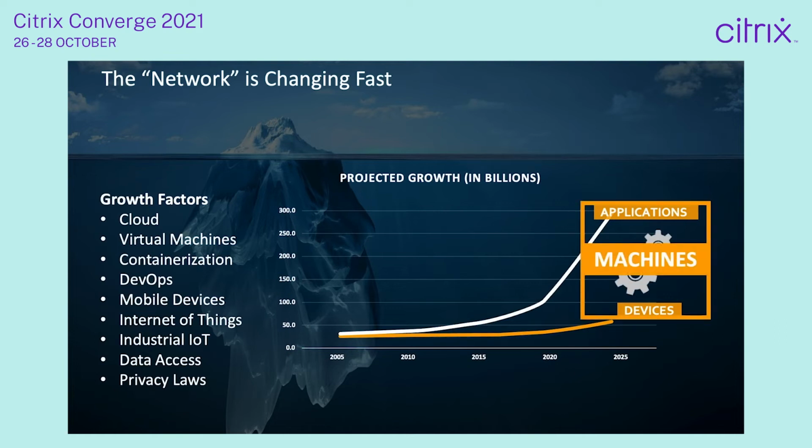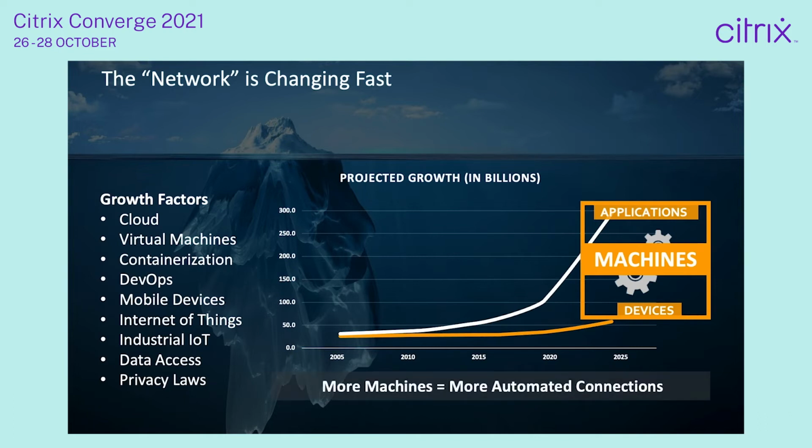The larger problem is that the number of machines is growing at an exponential rate when compared to humans, and all those machines need identities. Again, an enterprise-wide strategy is absolutely critical to ensure that no identities, human or machine, are left unmanaged and unsecured.